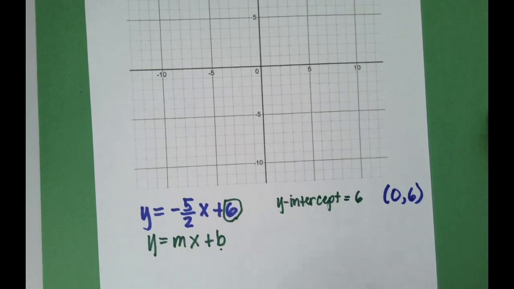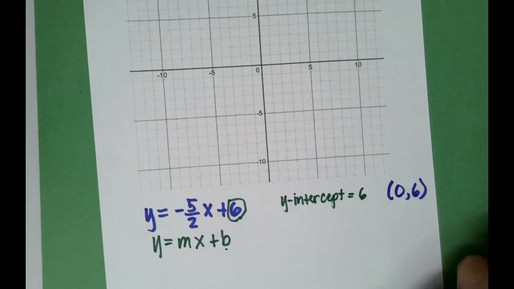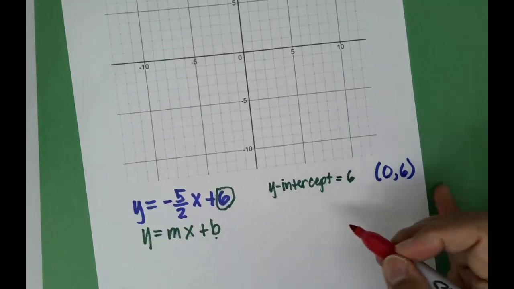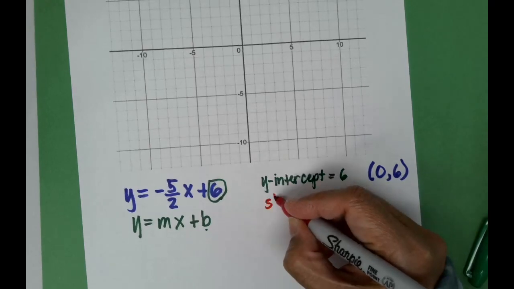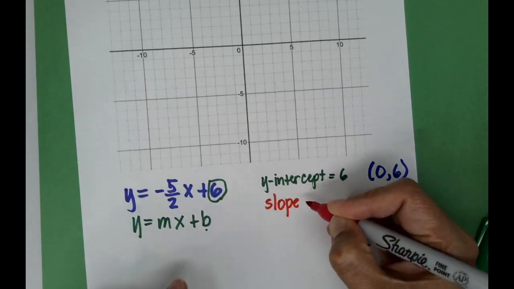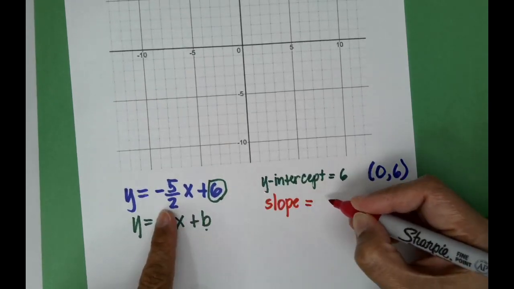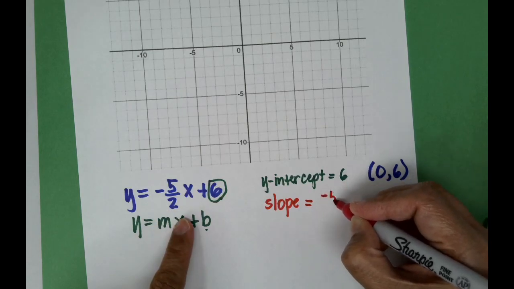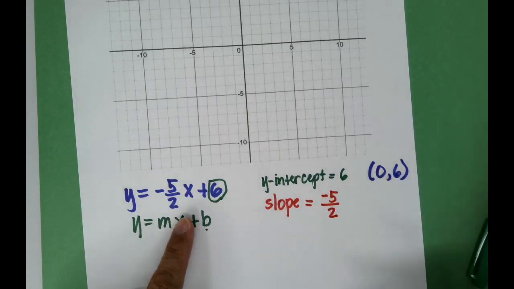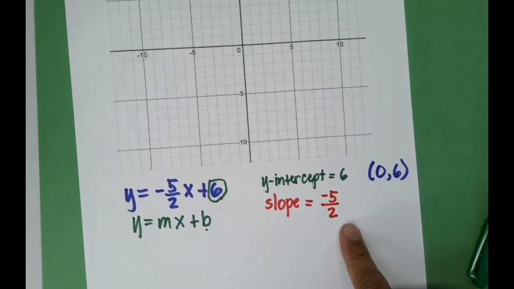Then we have the slope. The slope is the coefficient of x, in this case negative 5/2.